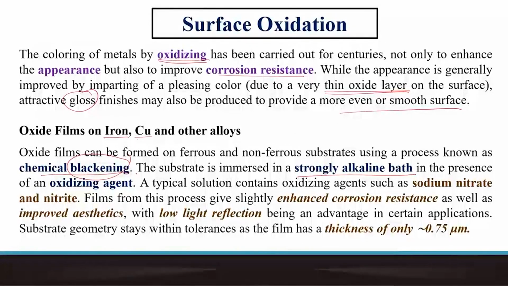Now, this blackening essentially is a reflection of formation of oxides on the surface because of the presence of certain oxidizing agent, which could be certain anions. So, for example, a sodium nitrate or a nitrite solution can be used for such controlled oxidation. It leads to corrosion resistance, as we already have discussed, improved aesthetics, even can also act as a primer coating for subsequent paint or other layer formation.